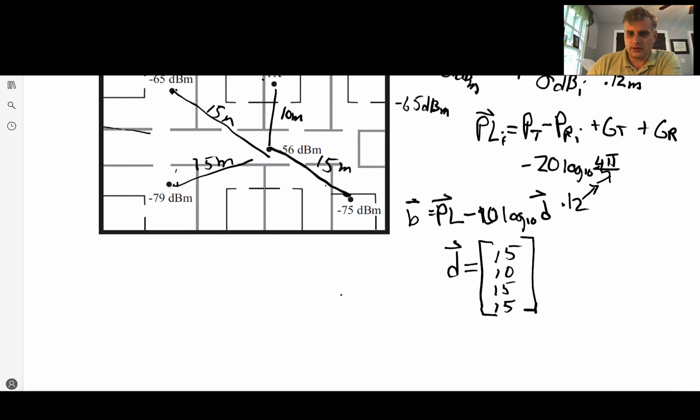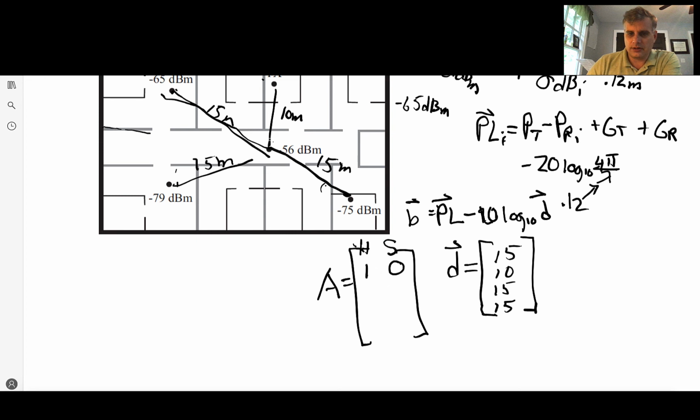And then my A matrix, I've got to construct that. That was really not that hard. All I have to do is count the hard and soft partitions. So I'm going to make this column the hard ones, the thick gray ones, and then the soft ones this column. Location 1, if I draw a line, it goes through that doorway, I'm going to say it only goes through a hard partition once.